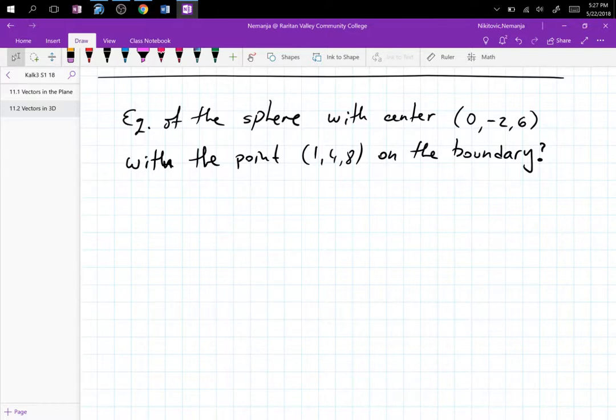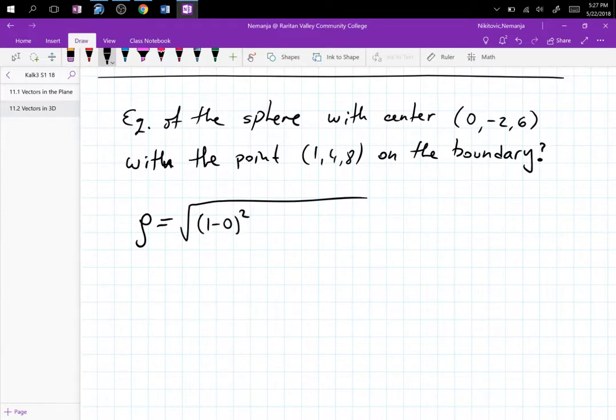Okay. Seems that you guys are done, which is nice. So what's the radius? Radius is going to be the square root of 1 minus 0 squared. That's the distance between x's, right? Plus 4 plus 2 squared plus 8 minus 6 squared.